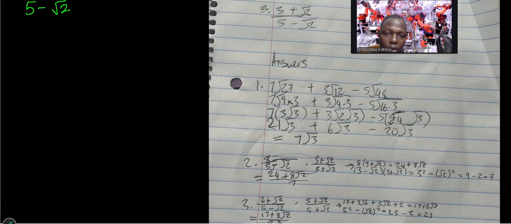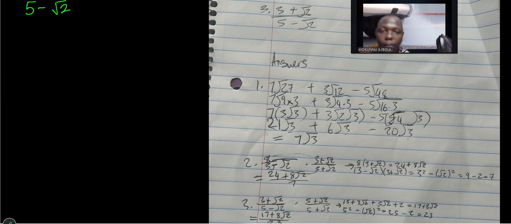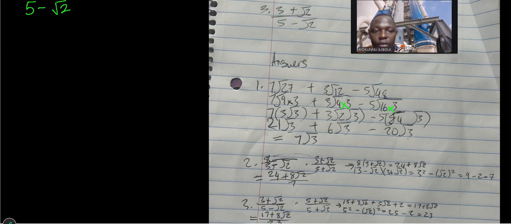This is 4 times 3, this is 16 times 3, so this is 4 times 5, this is 2 times 3, and this is 6. 21 plus 6 root 3 minus 20 is correct.